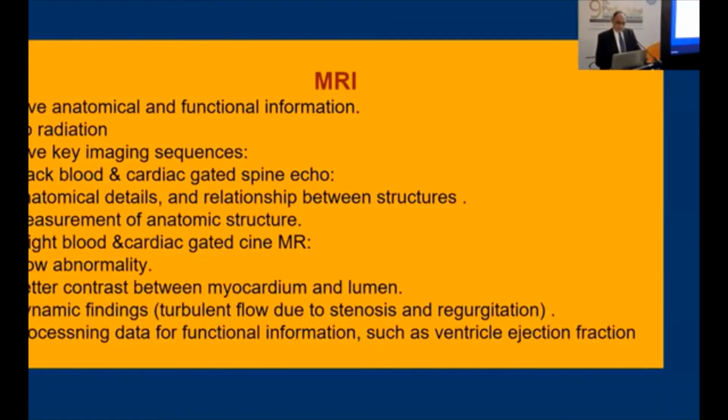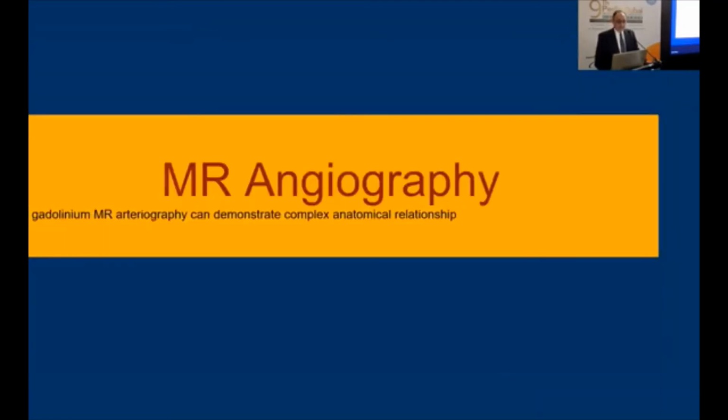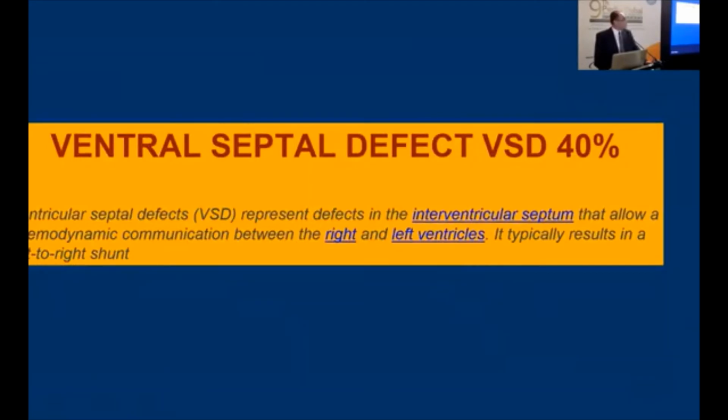The data processing that can be obtained from cardiac MRI can give us functional information, especially about ventricular ejection fraction. MRI angiography is another technique which uses gadolinium, which can clarify the anatomical relationship between the anomalies. You can see some examples of how much detail we can obtain through this modality.